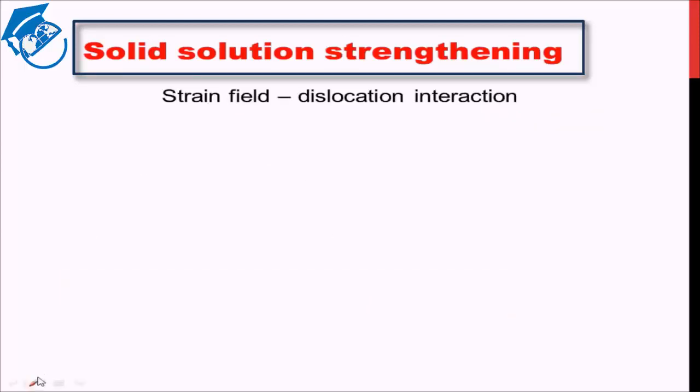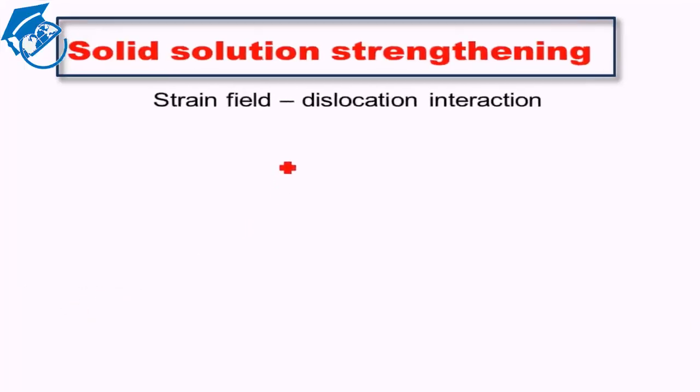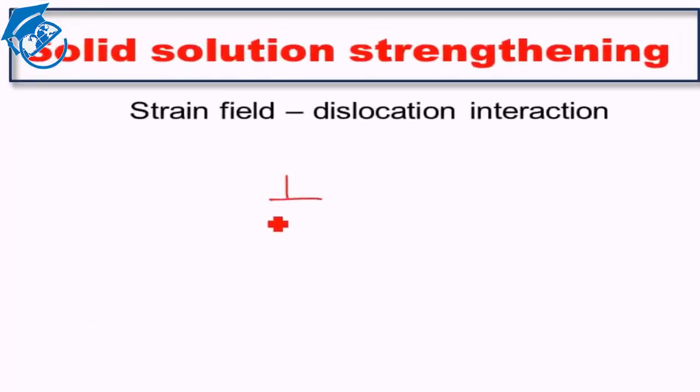The strain field dislocation interaction is basically what I already discussed: if we have a dislocation here and we have solute particles over here, then since there is the extra half plane missing here, these solute particles would like to go there, and this will pin down the dislocation, so the dislocation will no longer be able to move.